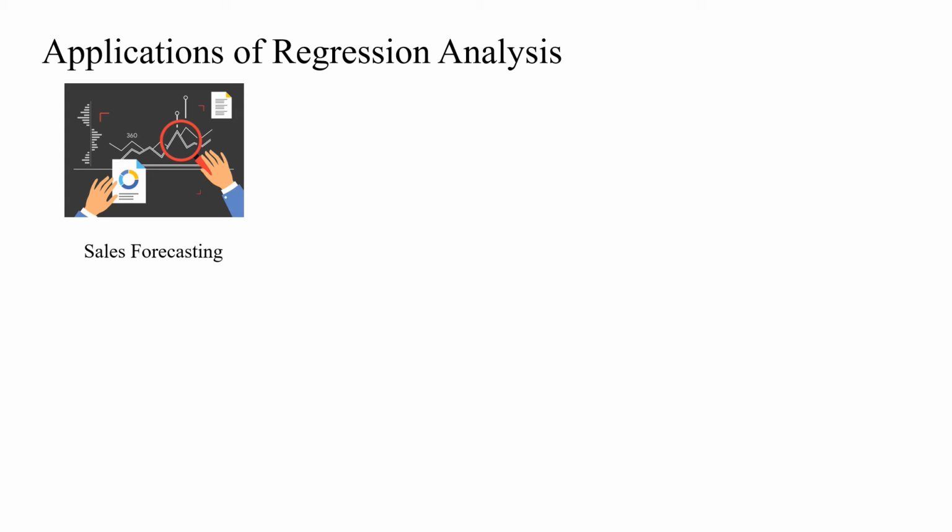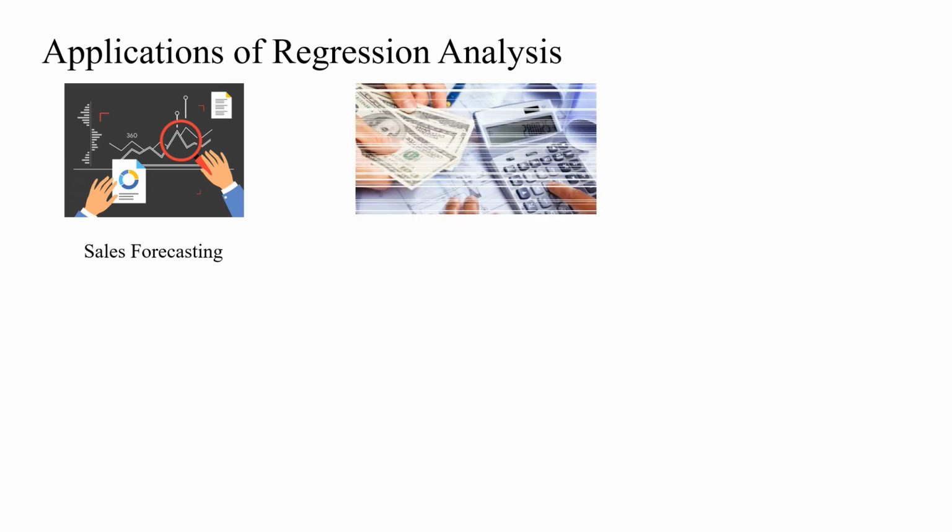Suppose your independent variables are all the customers met by your salesperson, the different reviews given to the customers by the salesperson, and everything else, combined, and your salesperson's sales is your dependent variable. So this can be modeled using regression analysis, and it is a classical example of regression analysis.